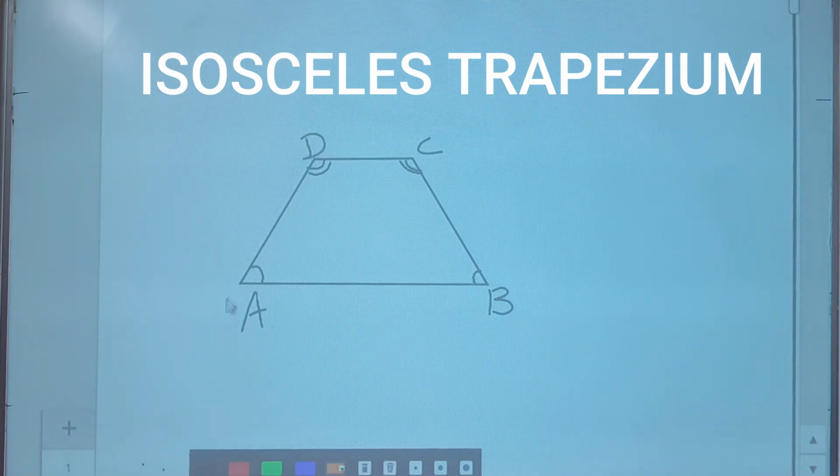AD acts as transversal, that is why angle A plus angle D is equal to 180. Here CD and AB are parallel, CB acts as transversal, and then angle C plus angle B is equal to 180 degree. Okay, these are the classification of quadrilaterals according to their properties.